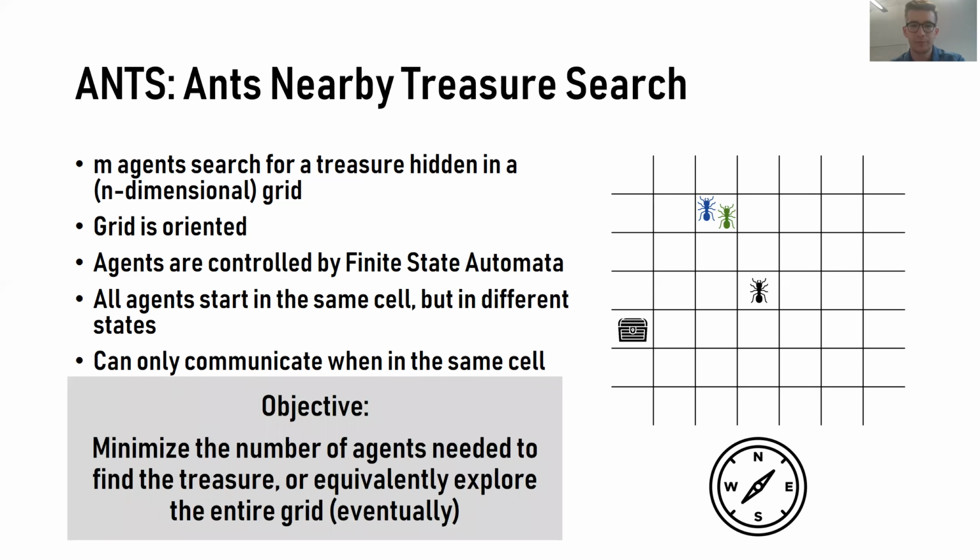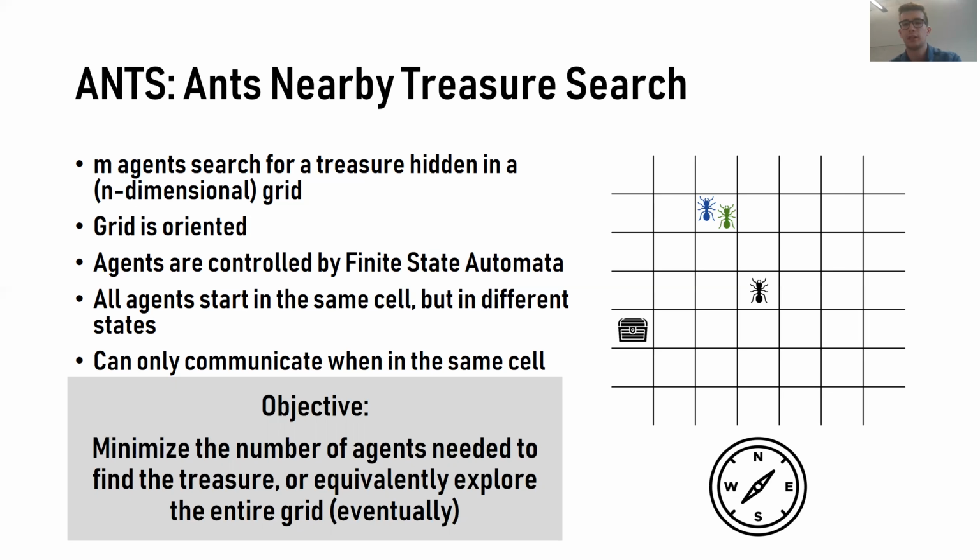Now, what is our objective? In our work, we consider the objective of minimizing the number of agents that are needed to find this treasure. The challenge is that the distance the treasure is away from the origin can be much larger than the state space of these automata.